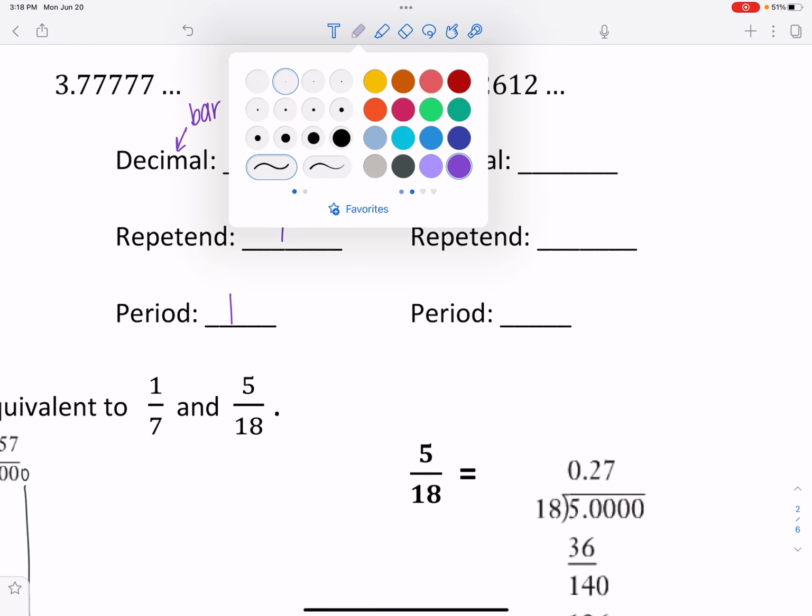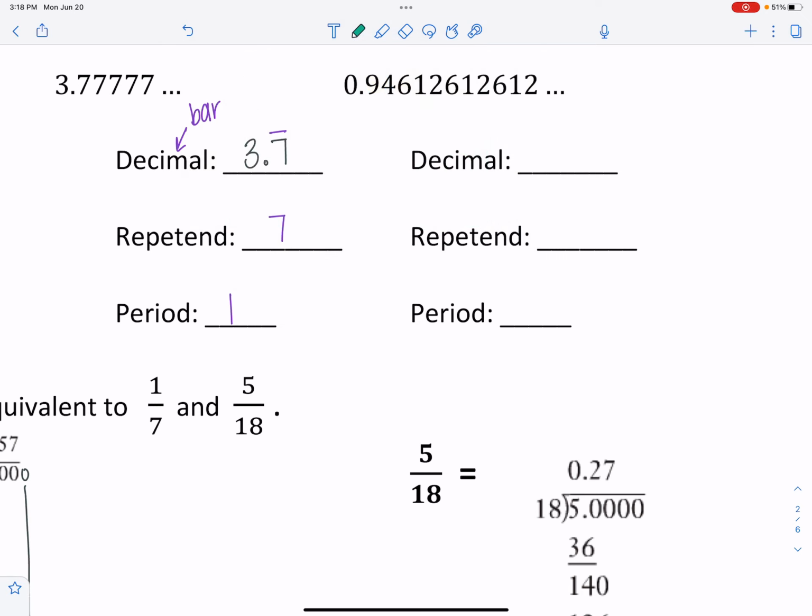All right, last example. I'm looking for what digits repeat. So looking at this pattern, 94612612612, I can see that the numbers 612 are repeating. So first thing I want to do is write it as a decimal using the bar.